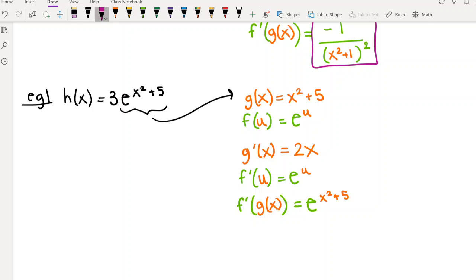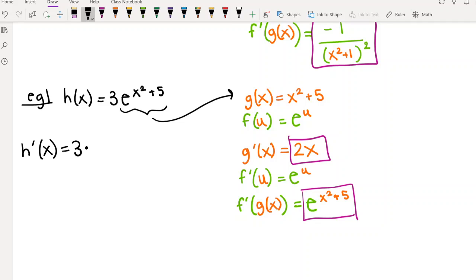So when we put these together to write down our derivative, we're going to have this outer derivative times this inner derivative, and we're also going to multiply it by 3. So we have 3 times the outer derivative, e to the x squared plus 5, and then the inner derivative, 2x. The way I would visualize this is that the e to the x squared plus 5 is just the derivative of e to the something.